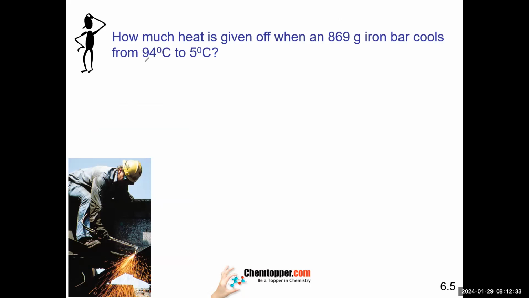Cooling. Cooling is exothermic, so I should get my answer negative on its own. mc delta T. m is given, 869 grams. C of the iron is 0.44 joules per gram per degree Celsius. That will be given to you in the question, right?